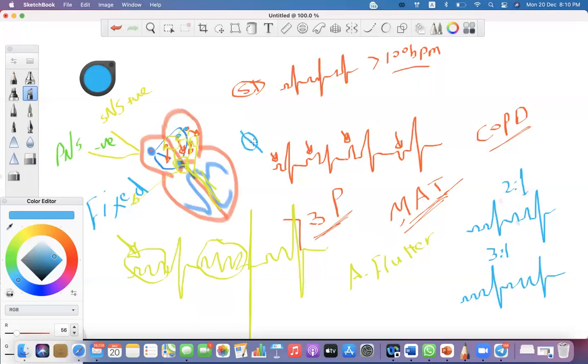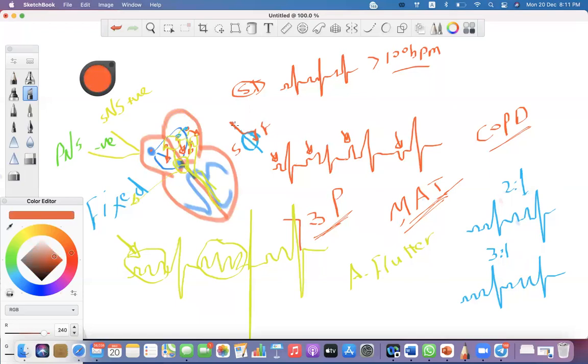Anatomically, the AV node is formed of two parts, one part called the slow pathway and the other part called the fast pathway. We will not go in depth in these details, but to help understanding, we will just show this. Normally, the conduction goes through the fast pathway of the AV node. This is the fast, and this is the slow pathway.